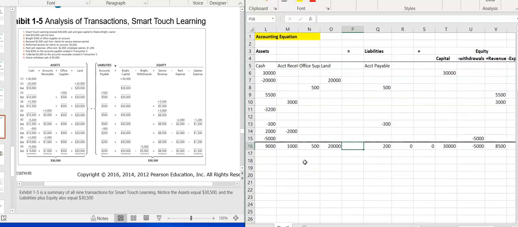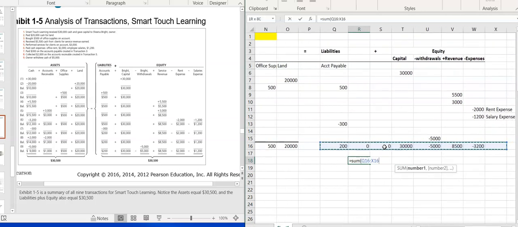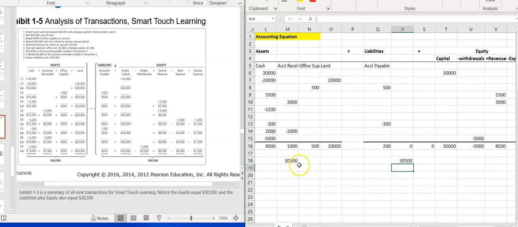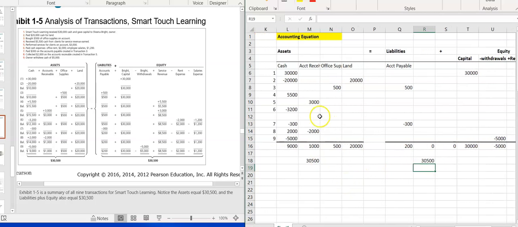All right, and then I want to make sure that each side is the same. And yes, I have 30,500 on both sides, so I'm good.